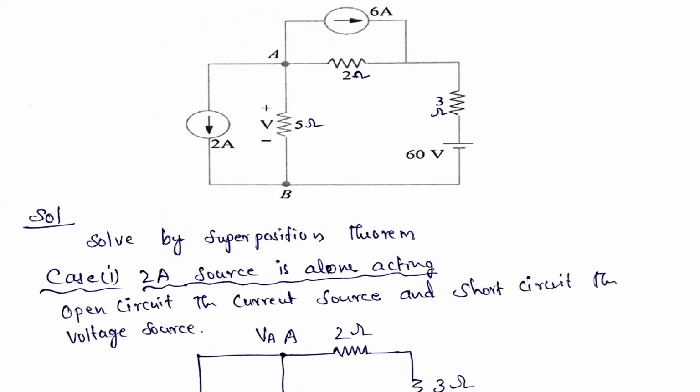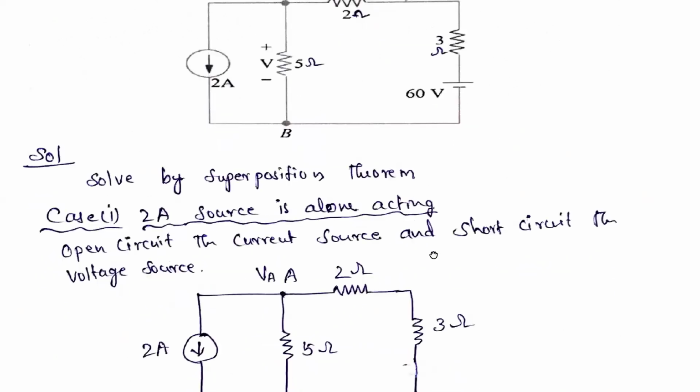In that procedure, it clearly states that whenever one source is acting, we need to open circuit the current source and short circuit the voltage source. So here the current source that we need to open circuit. So this part will not come. Here the voltage source is there, that we need to short circuit.